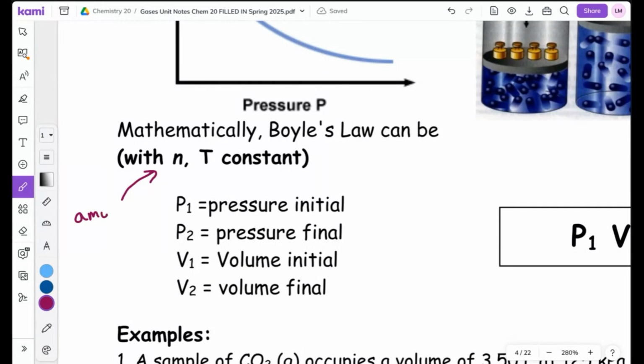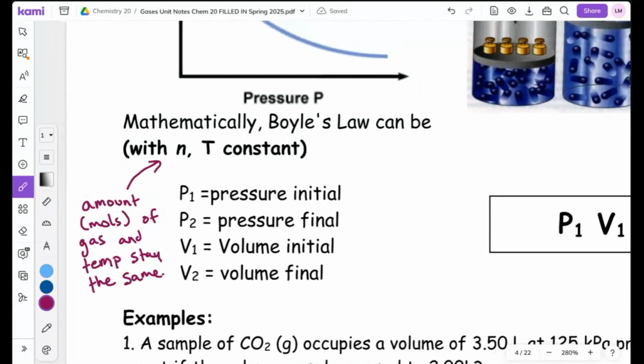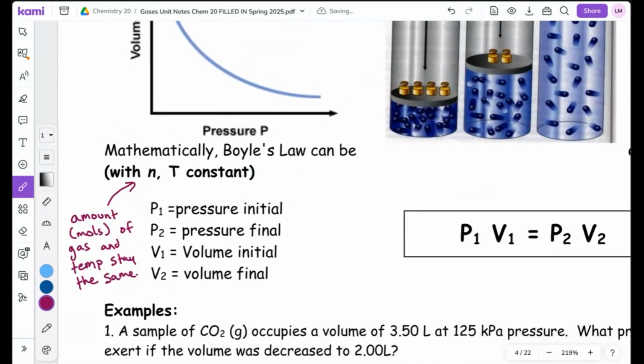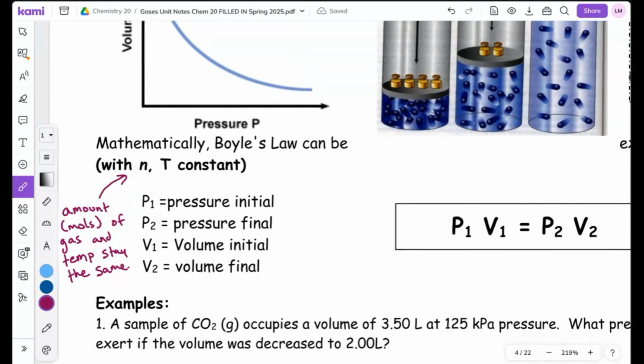So, the amount, moles of gas, and temperature of said gas stay the same. If we assume that the moles of the gas and the temperature of the gas stay the same, then Boyle's law will hold true.